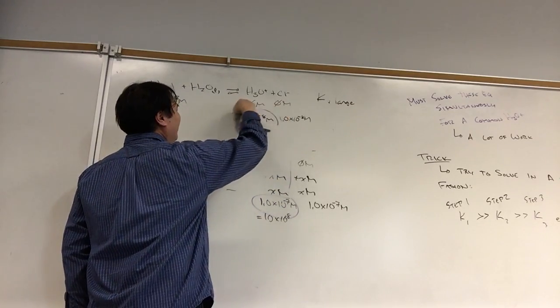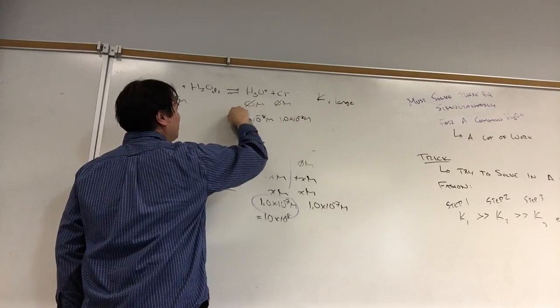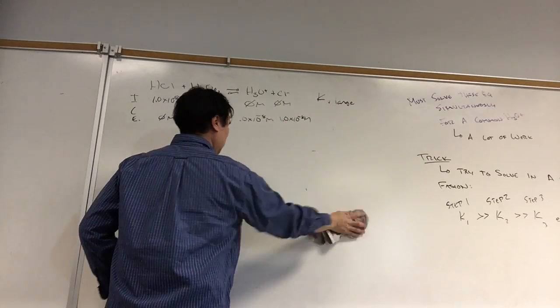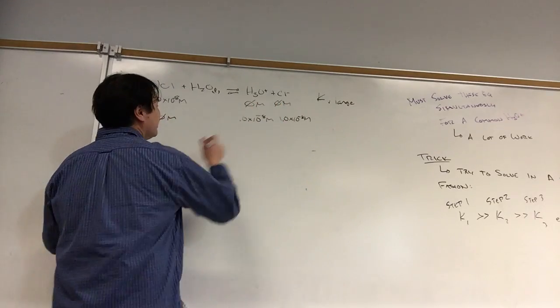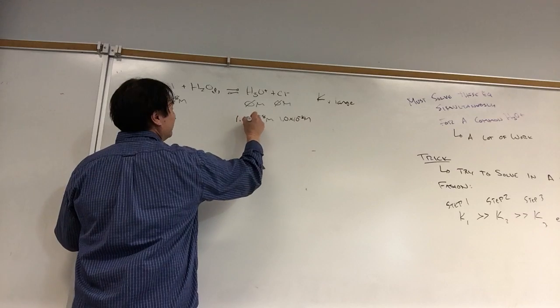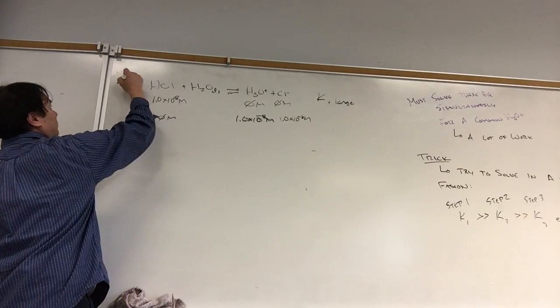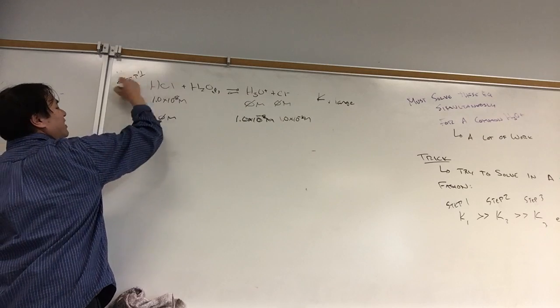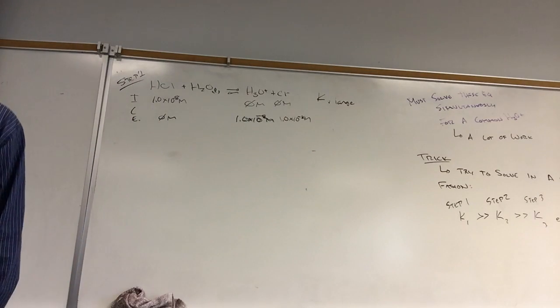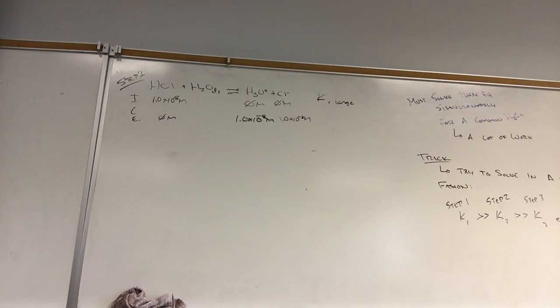All right, so let's try to solve this stepwise and see what happens here. Step 1's pretty easy because K is large. K is large, we just go 100% forward.